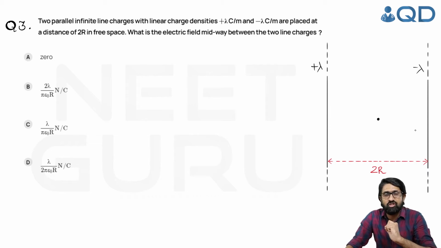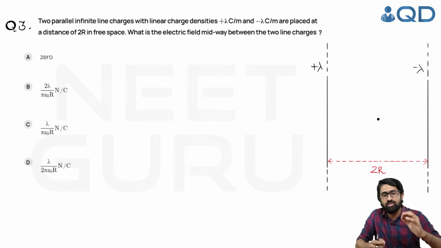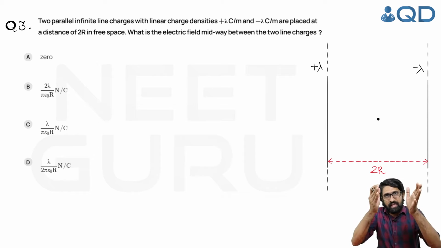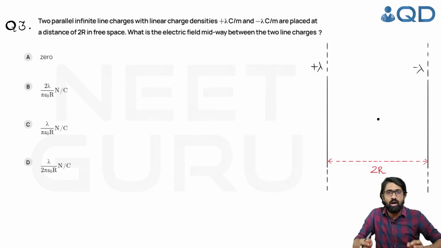We have two line charges here, uniform linear charge distributions, and we need to find the electric field midway between them. One of the line charges is positive and the other one is negative, and they have the same linear charge density. The separation between these two line charges is given as 2r.